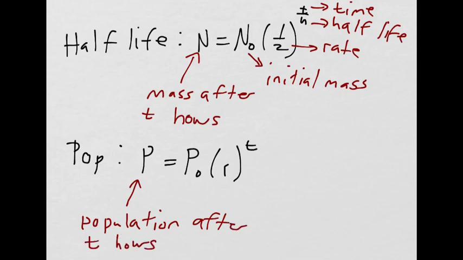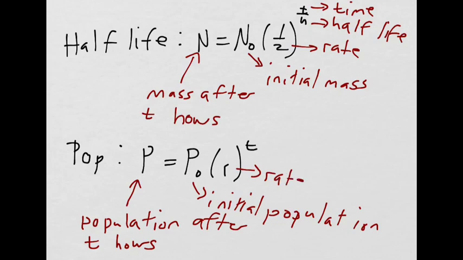So if I was studying a herd of elk and that herd doubled every 7 years, P would tell me how many elk there are after so many years of studying that population. P naught is the initial population. Okay, that subscript 0, which you say naught, usually indicates some kind of initial condition. And then the rest should be pretty intuitive.